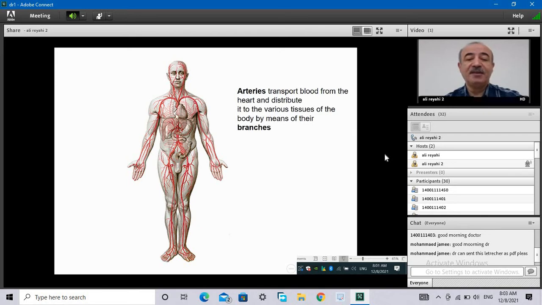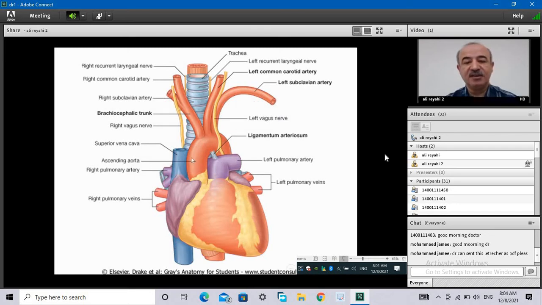For example, the pulmonary artery contains deoxygenated blood from the right ventricle to the lung. So the artery indicates the vessels that transport the blood from the heart to the other organs.